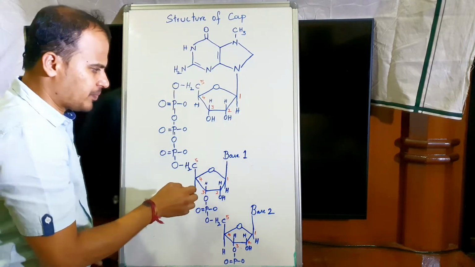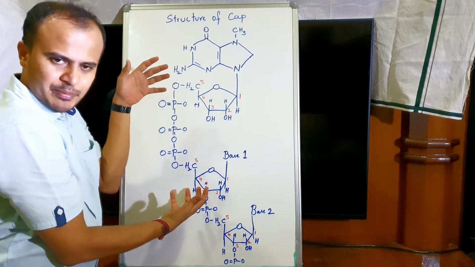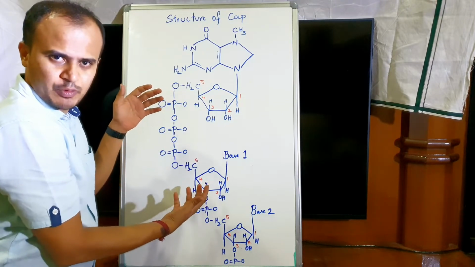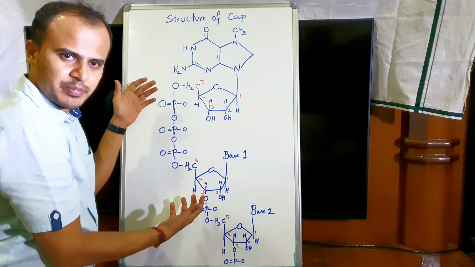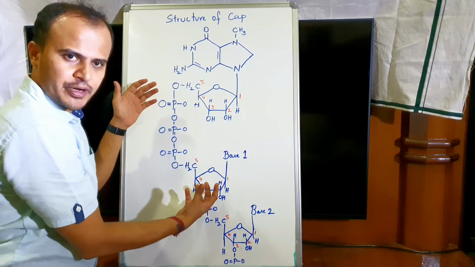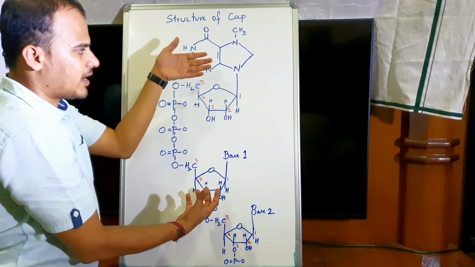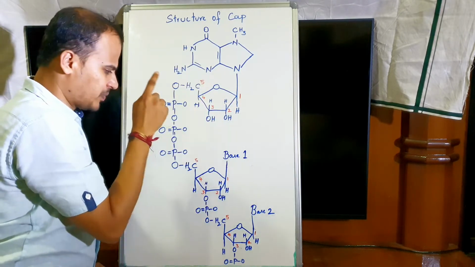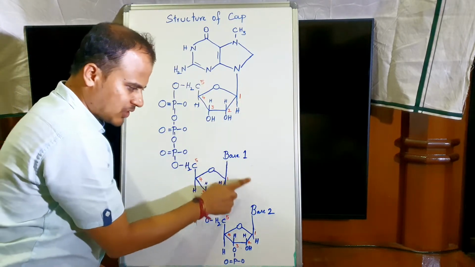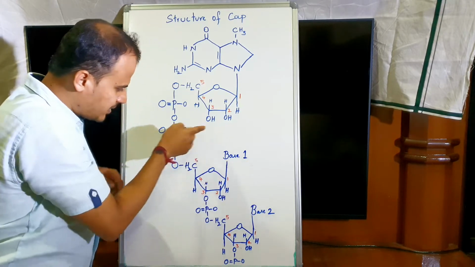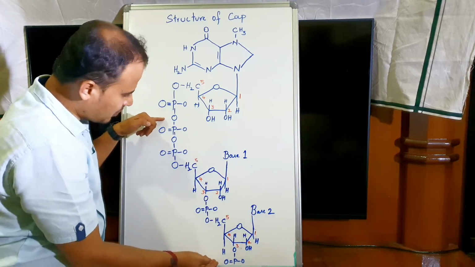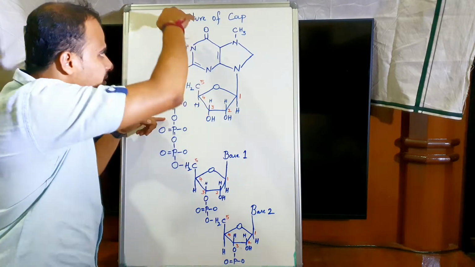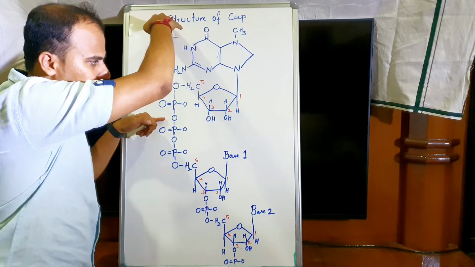There is a formation of the 5' to 5' triphosphate bridge between the first nucleotide of the mRNA and the 7-methyl guanosine. So here, base 1, base 2, this portion is from the mRNA and this is from the 7-methyl guanosine.